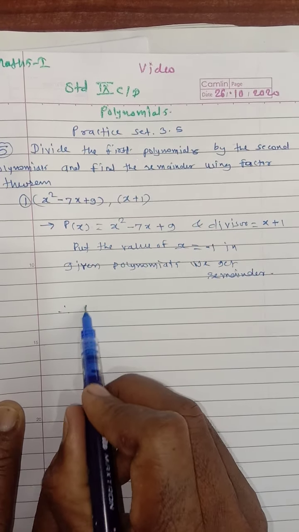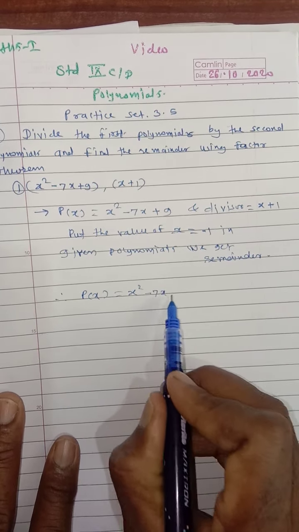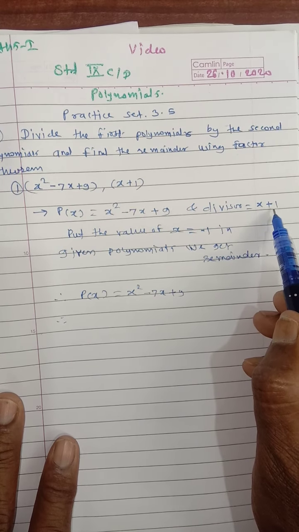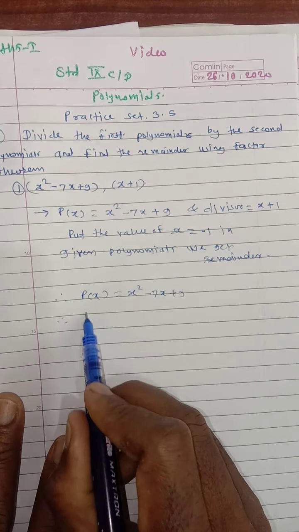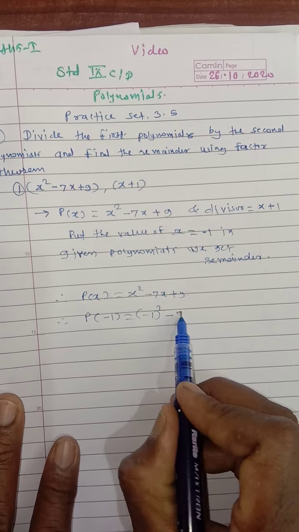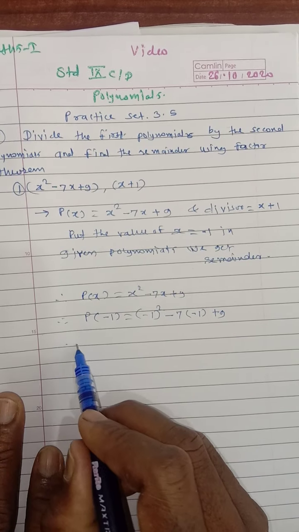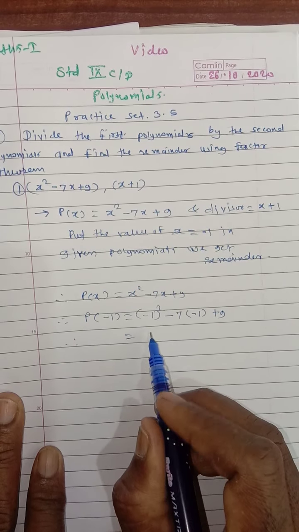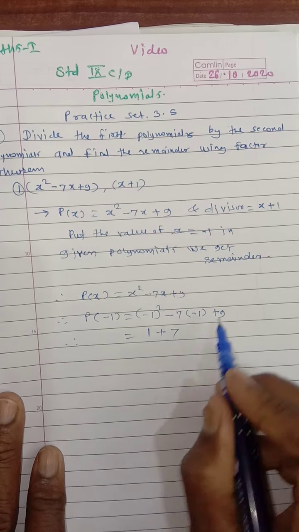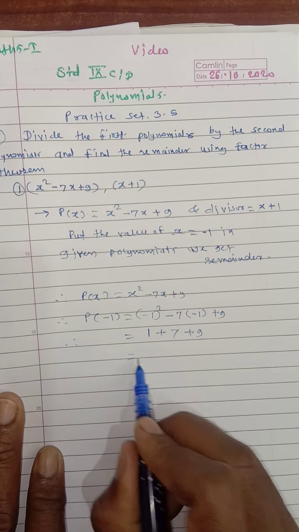Therefore, p of x is the given polynomial x square minus 7x plus 9. Put this value, the opposite of plus 1, which is minus 1. P of minus 1 is equal to minus 1 square minus 7 into minus 1 plus 9. Minus 1 square is 1, minus minus becomes plus, 7 into 1 is 7, plus 9. 1 plus 7 is 8, 8 plus 9 is 17.